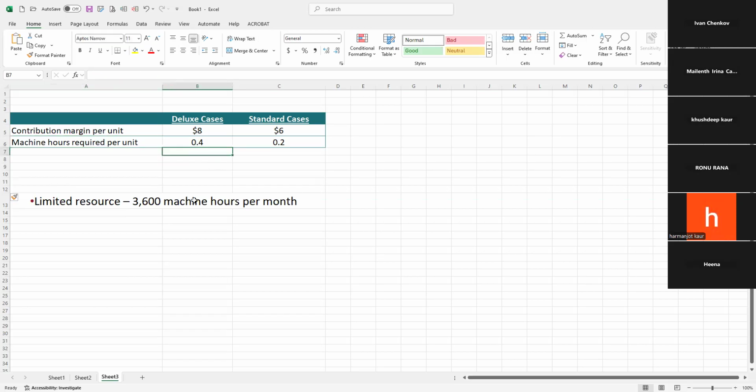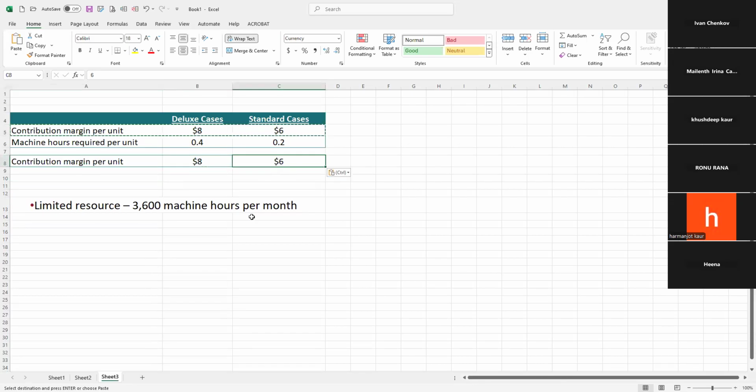Logically, if my contribution margin for the first product is $8 and the second product is $6, which product should I focus on? Forget everything else. Based on the only and only contribution margin per unit, on which product should I focus?